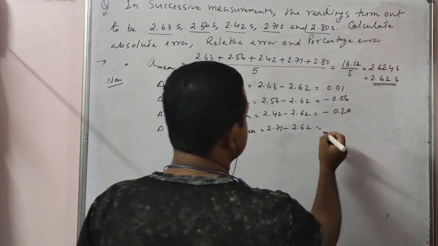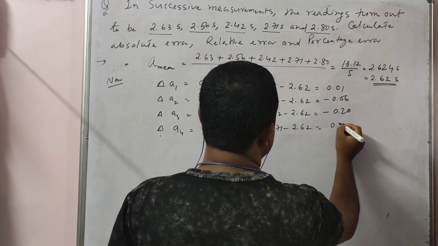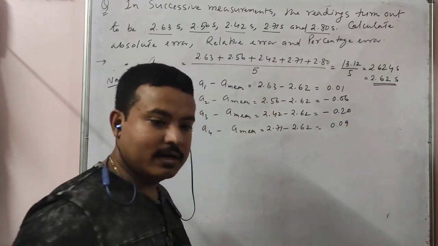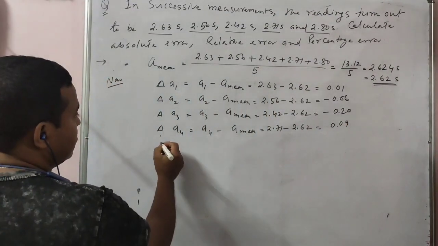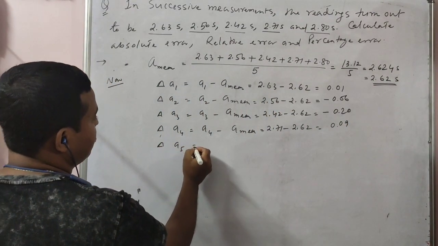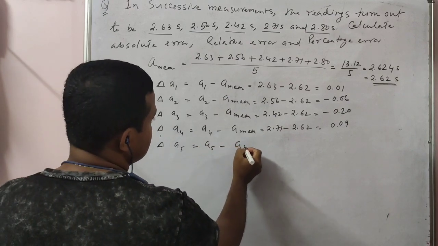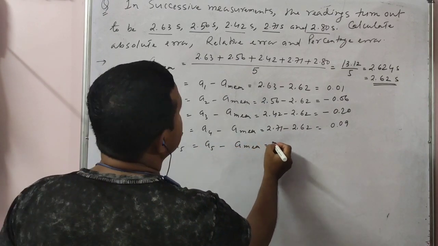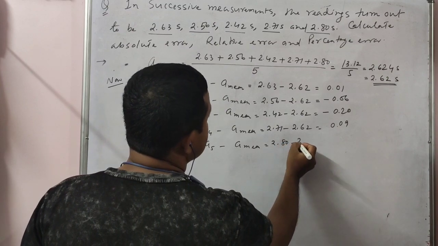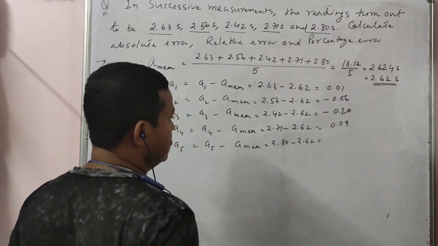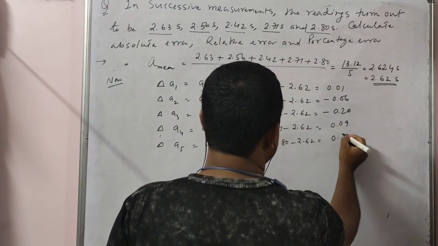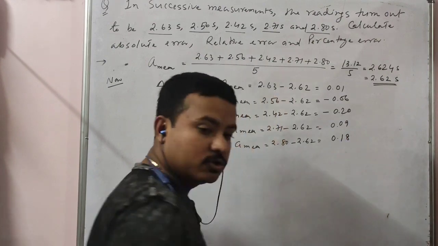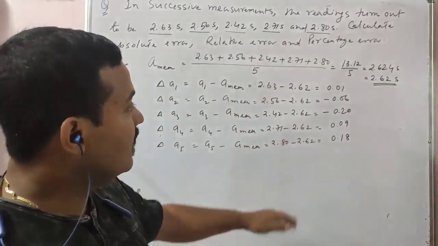So it will be 0.09. And lastly delta A5 is A5 minus A mean. It is 2.80 minus 2.62. So it will be 0.18.